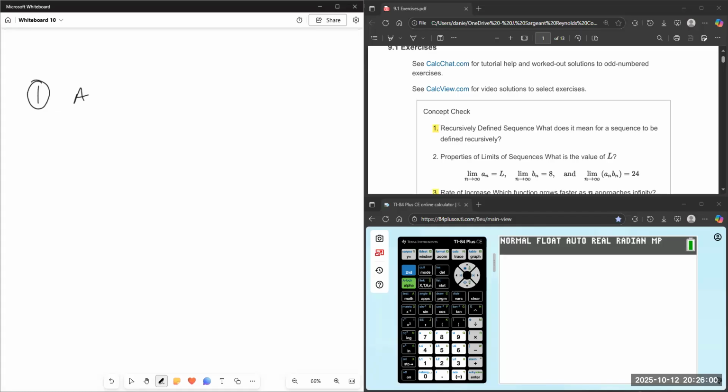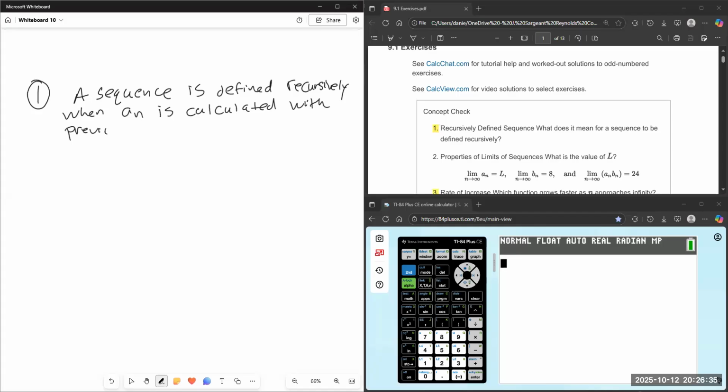A sequence is defined recursively when a sub n, the nth term of the sequence, is calculated with previous terms in the sequence that we're going to denote by something like a sub n minus 1, a sub n minus 2, so on and so forth.